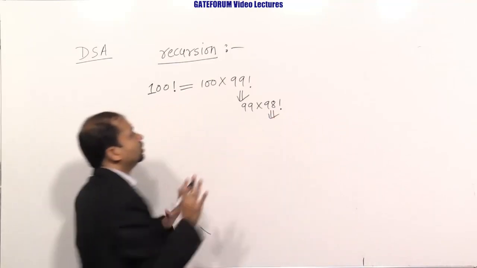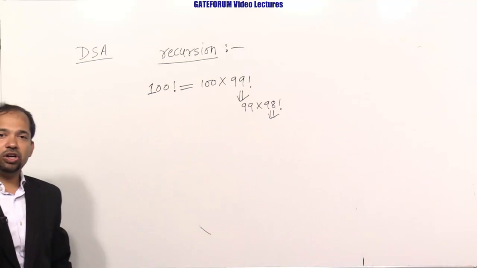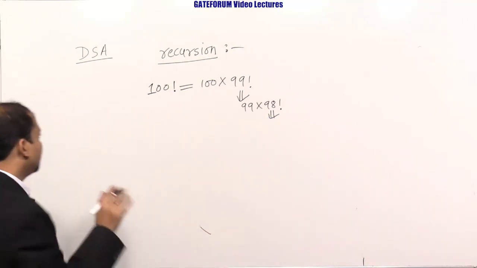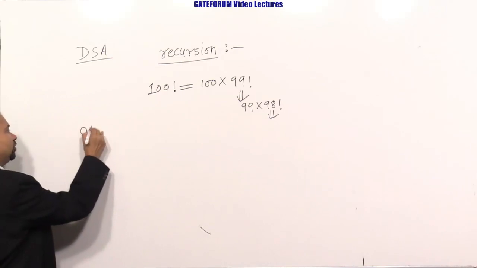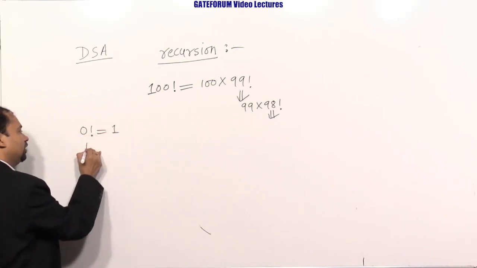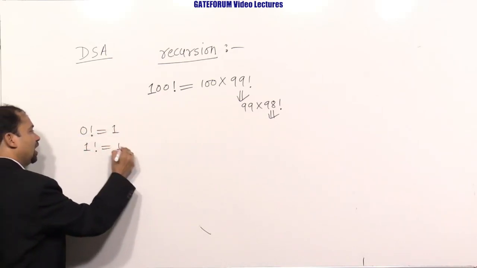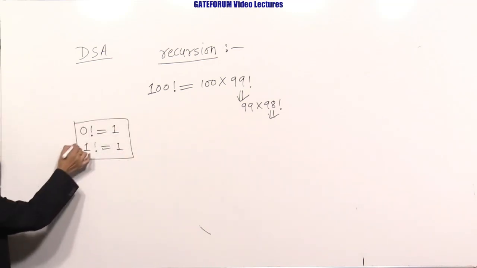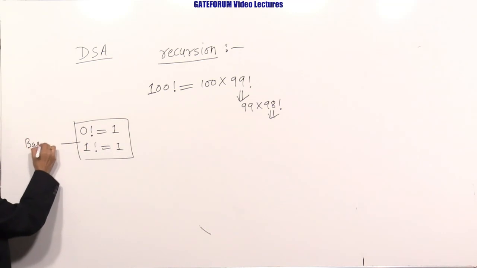What we know is only that the value of 0 factorial is 1 and the value of 1 factorial is 1. Other than this, we don't know anything. This is called the base condition.